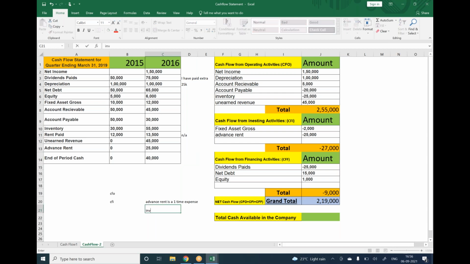But don't you think inventory, you keep buying and selling almost every day? Don't you think it is a day-to-day operation? Buying books, selling books, buying more stock, reducing stock. So don't think CFI means that not necessarily every asset should be there. CFI is more of a one-time investment, a one-time purchase, one-time sale. So that could come under CFI.